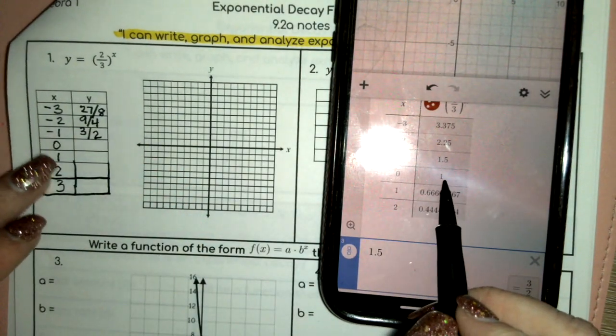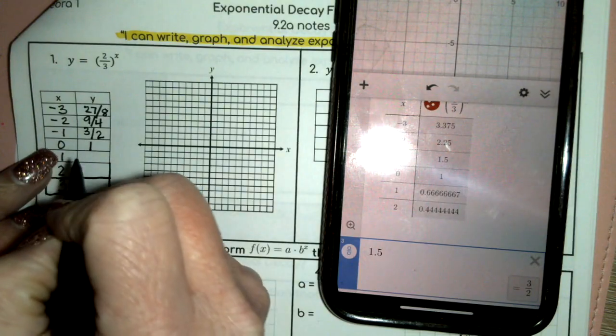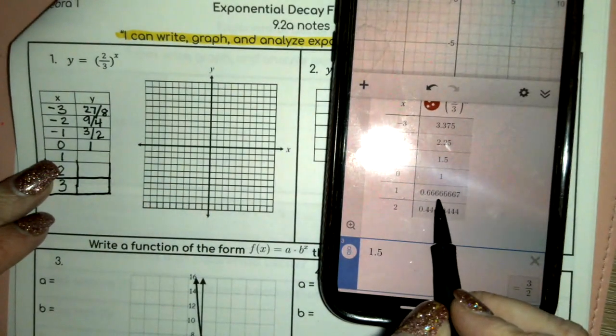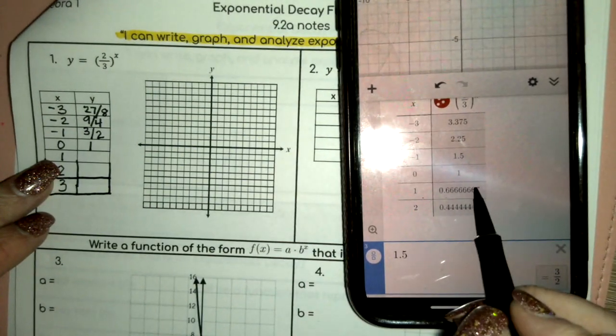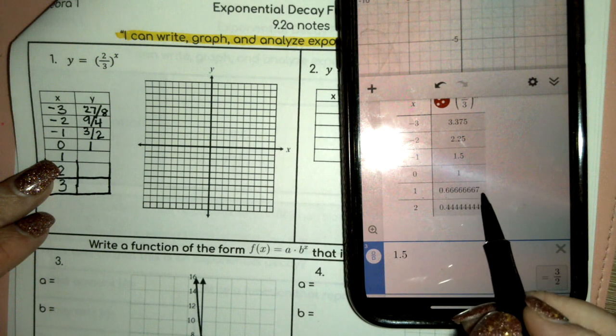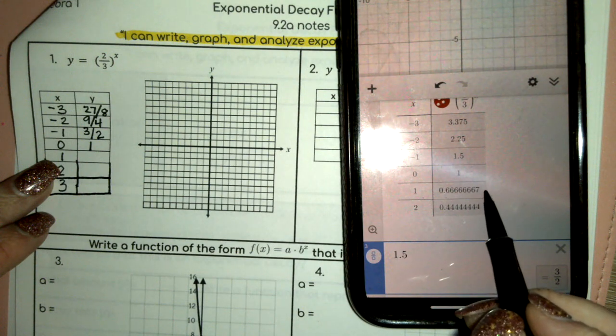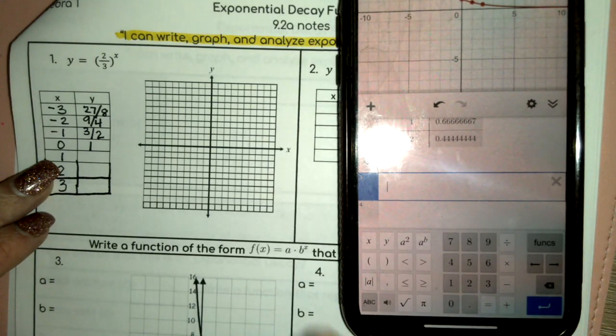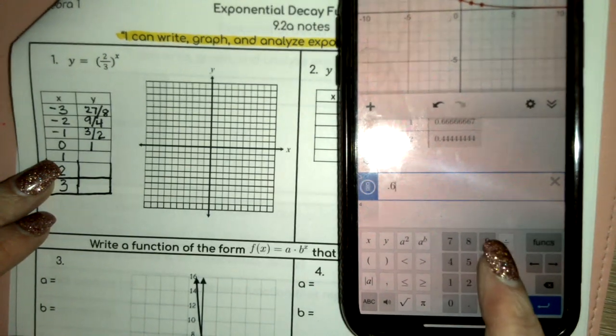And then 0, 1, 1, and then it's 0.6 repeating. Now, I understand that there's a 7 here, but the only reason there's a 7 is because it rounded it. How you figure that out is in box number 3 again, I'm going to start typing 0.6.